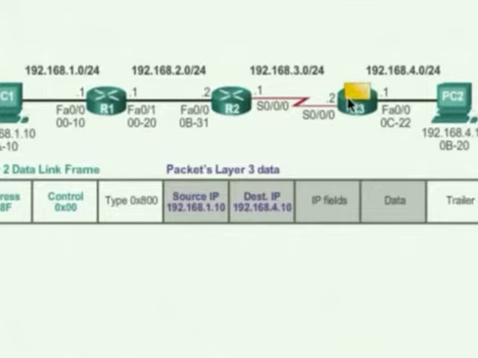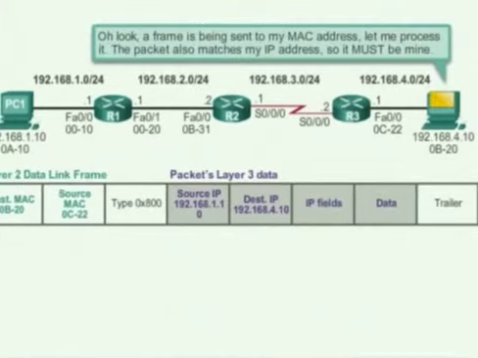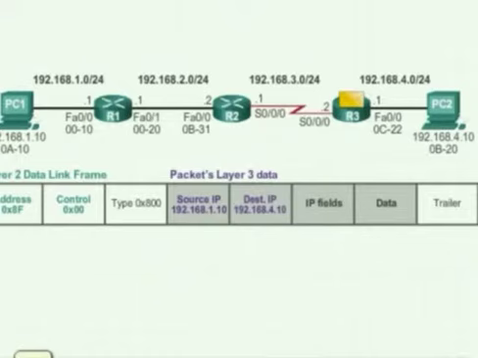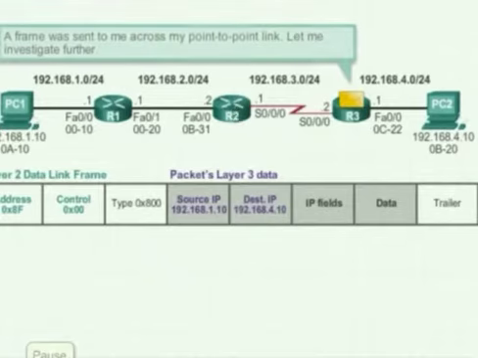And we must go to our final step, that is to reach PC2. Now router 3 has the packet, so it is the same process that we had with router 1 identifying router 2 and router 2 identifying router 3. So it must investigate its point-to-point link.